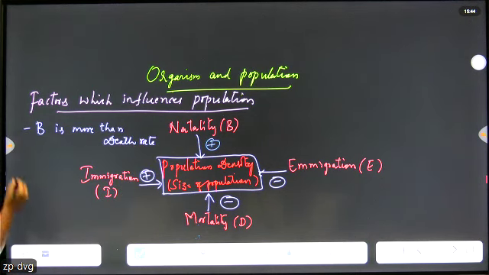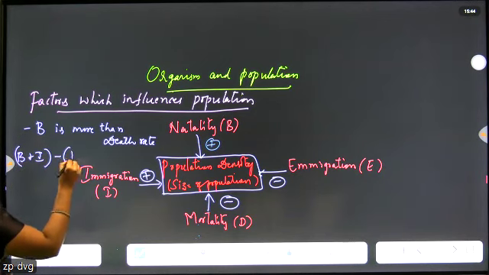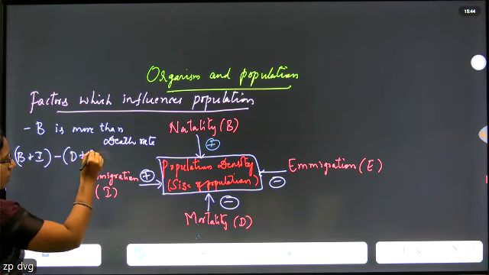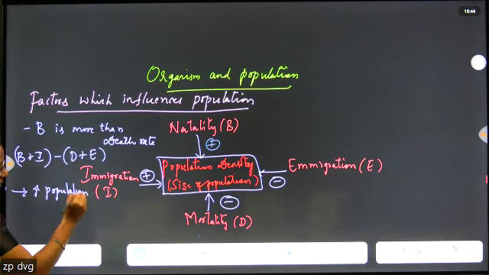So we can say that B plus I is always greater than D plus E. So this is the actual increased population equation.